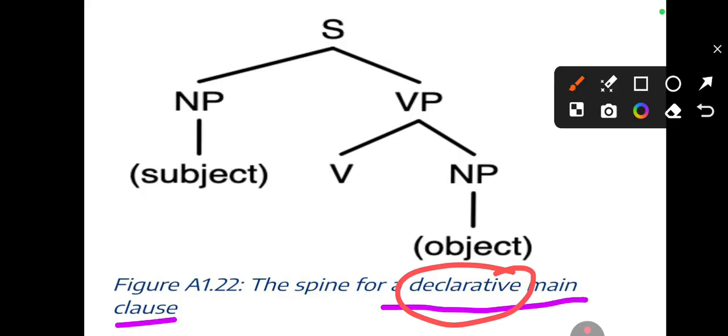Why? Because as far as the structure is concerned, the subject verb combination is found in a main clause, and the same combination is found in a dependent clause or subordinate clause. The difference is that the subordinate clause cannot stand alone. Why? Because it does not make complete sense.